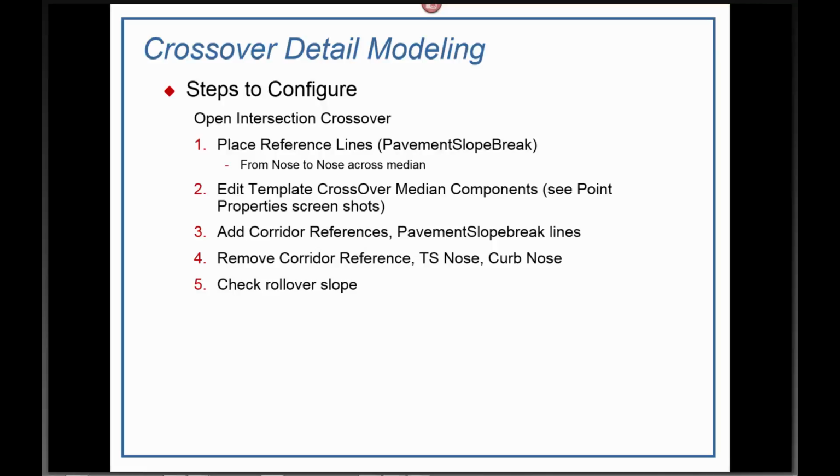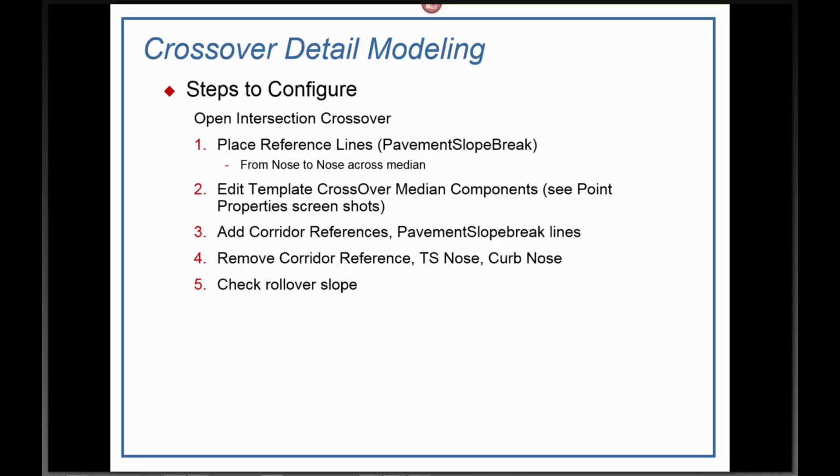But whenever you add turn lanes, opposing turn lanes, left turn lanes, you'll need to provide this intersection rollover because the crown won't be straight down the middle. You're going to have to transition from one side where the slope is either high or low to the other side. And that's where these reference lines come in. That's what it means by placing from nose to nose. I'm going to do that a couple of times when I get into the software. You'll know what that is about.